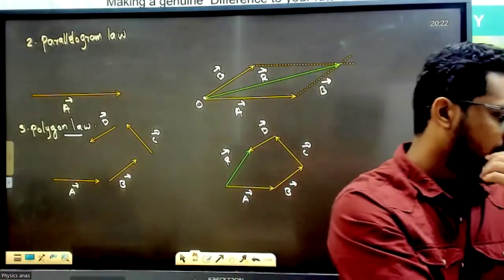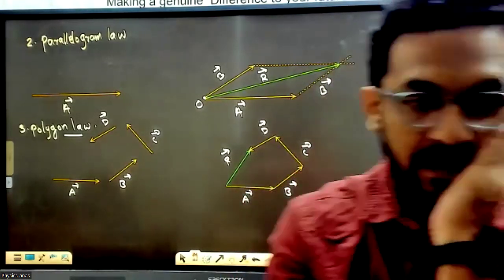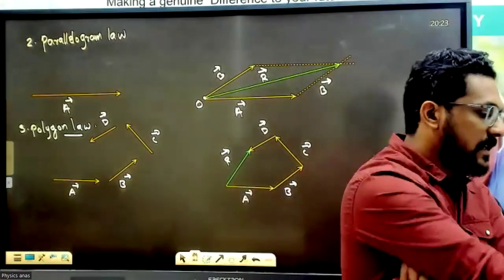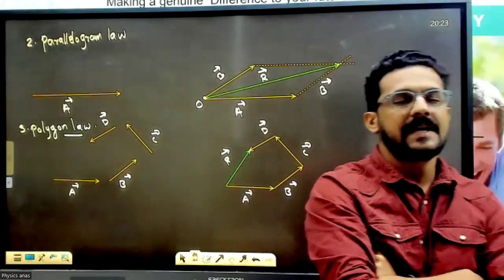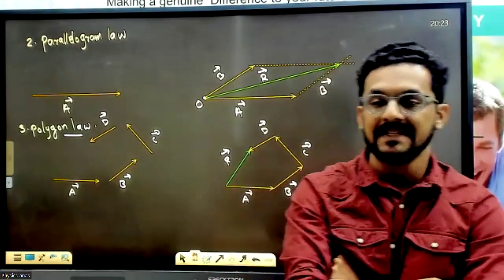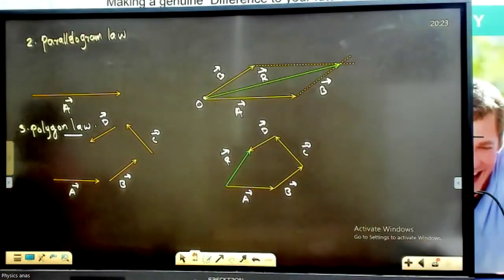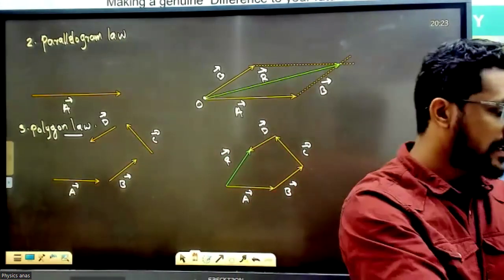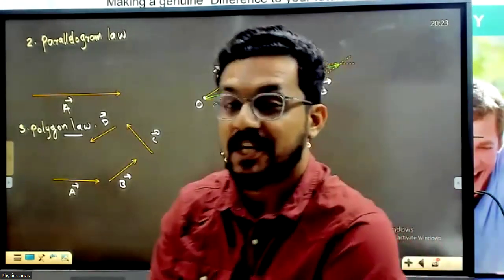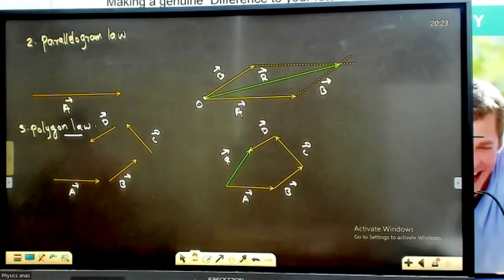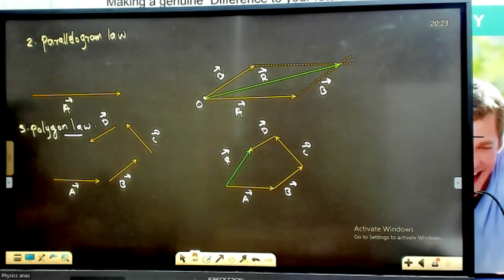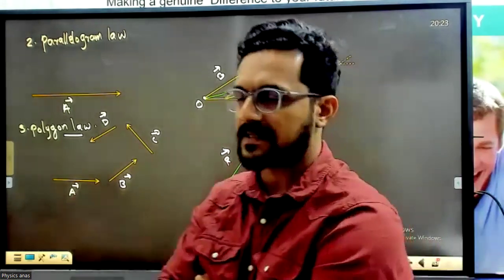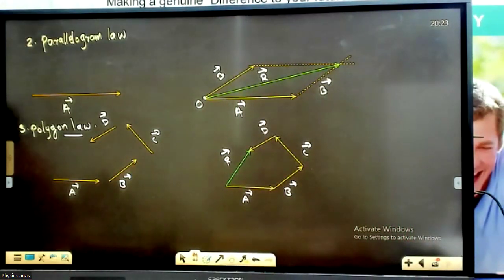If a number of vectors are represented by the sides of a polygon, taken in order, their resultant is represented by the closing side of the polygon.